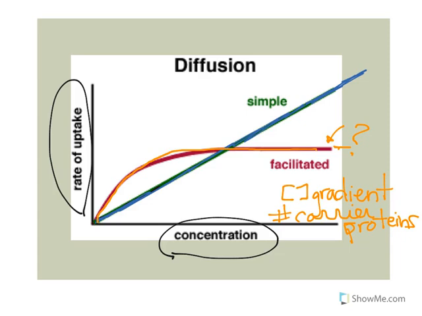So adding more carrier proteins will allow us to increase the rate of diffusion and help to get that blood glucose level back to where it's supposed to be. So by changing the number of carrier proteins, that can influence the rate of facilitated diffusion. Plus you have the additional thing that you have a lot of glucose because you just ate. That would help to increase the rate of diffusion too.